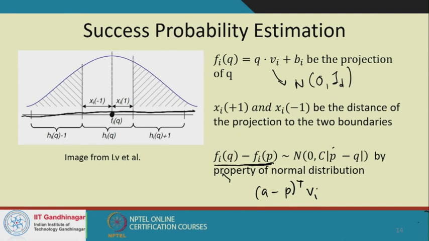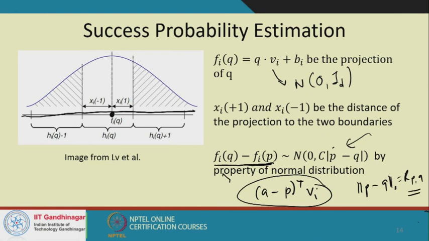If you know the properties of the normal distribution, you can easily say that this random variable has a distribution of this form: it has mean 0, and the variance depends on the L2 norm of P minus Q, that is, on the distance r_PQ.